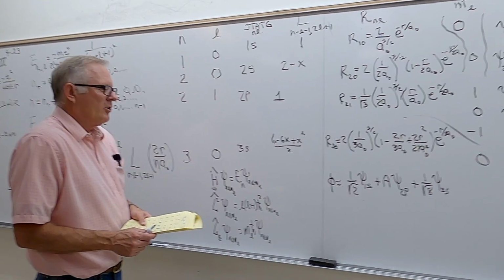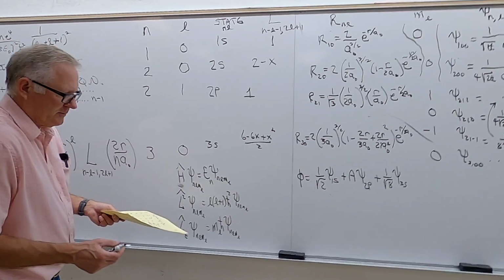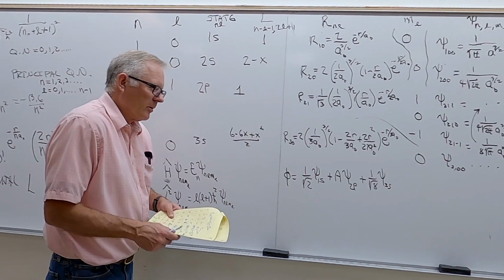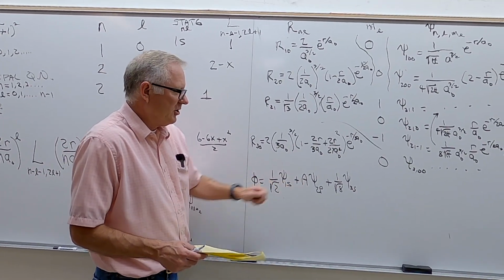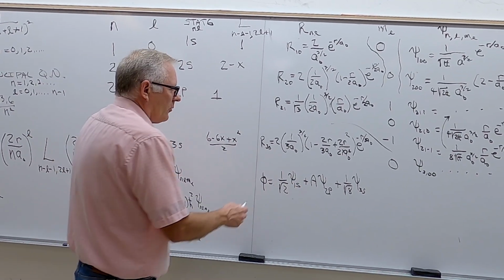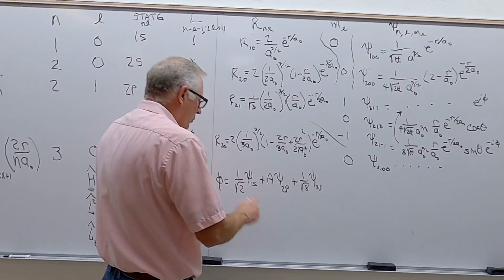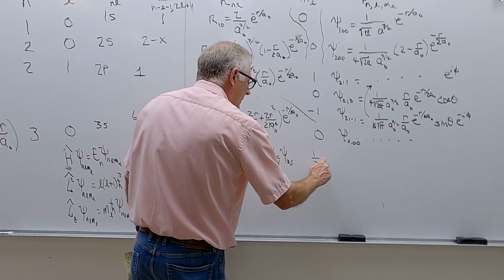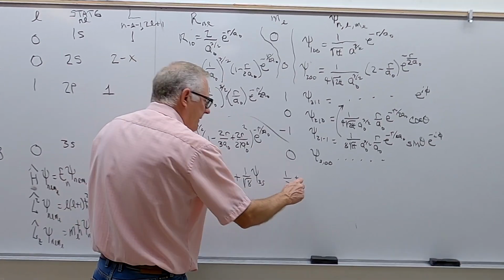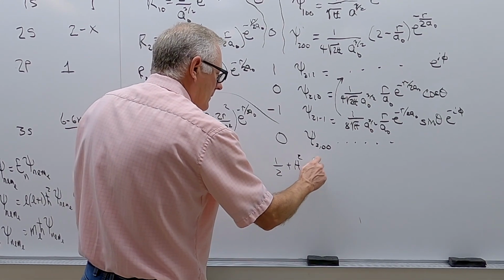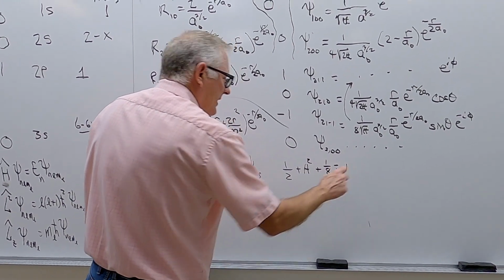Okay, and now we ask, well, let's say we want to know what the average energy is. Well, before I do that, I have to make sure that this is normalized. So I have to figure out what A is to normalize this. What does that mean? This squared plus this squared plus this squared has to equal 1. So 1/2 plus A squared plus 1/8 has to equal 1.